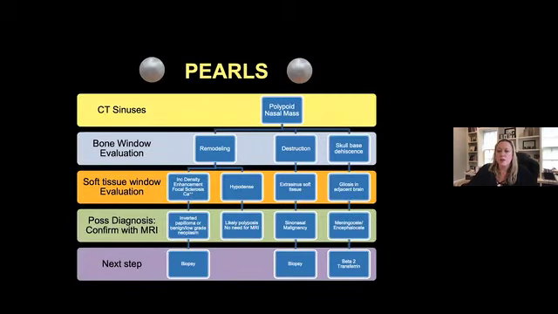So this is a helpful algorithm for the approach to a polypoid nasal mass if you discover it on a CT of the sinuses. First, you want to review the bone windows and determine if you think that it's benign bony remodeling or not. If it is benign remodeling, meaning it's expansile, pushing on the bone, then you want to look at your soft tissue windows.